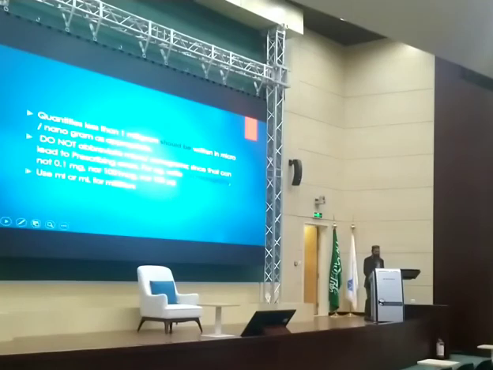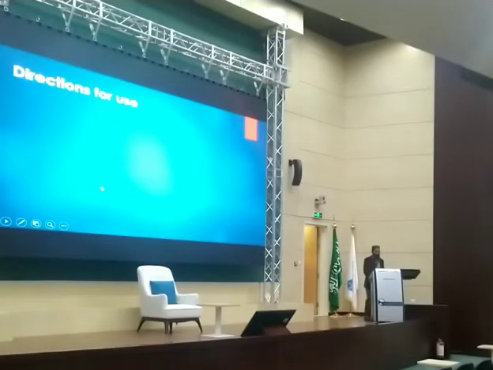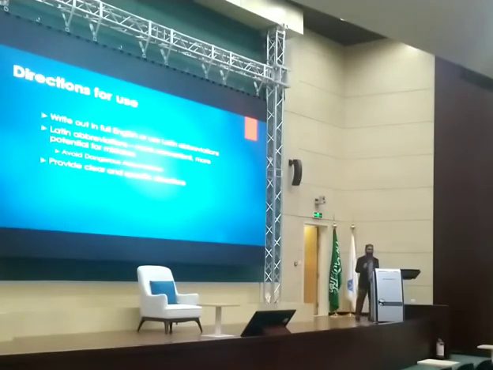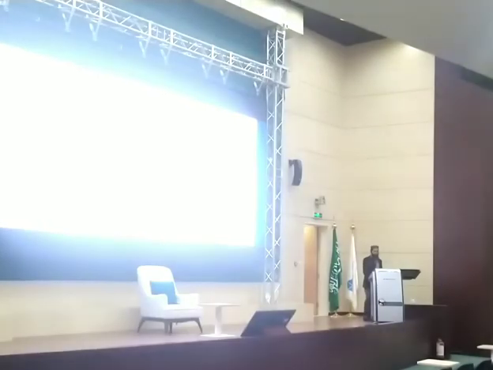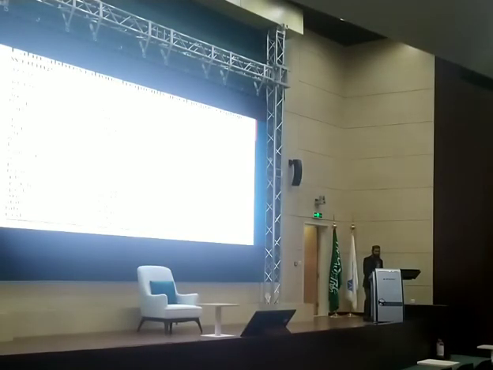And things like mcg, 0.1 milligram, use ml or mls for milliliters. So depending on the strength, you will use your abbreviations appropriately. You can use English words. These are some common abbreviations that you should be aware of.